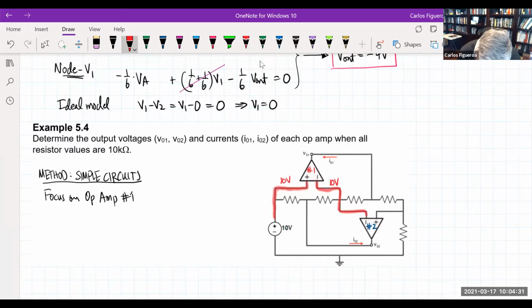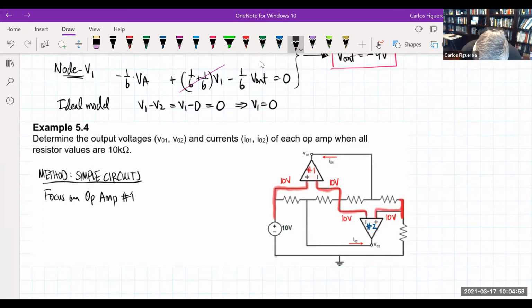But wait a minute, you could see that the input of 1 should also be 10 volts right here. So right away, what we're seeing here is that I know these voltages right here. So I know that this guy's 10 volts and I know that guy's 10 volts. So just by looking at one, I can identify that.